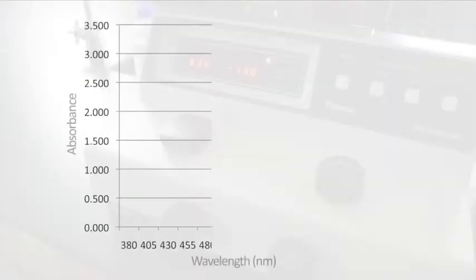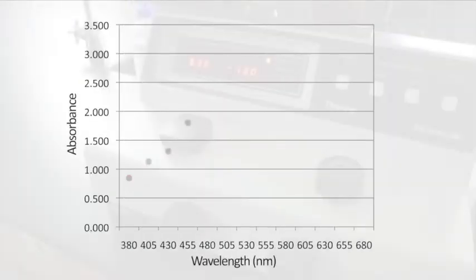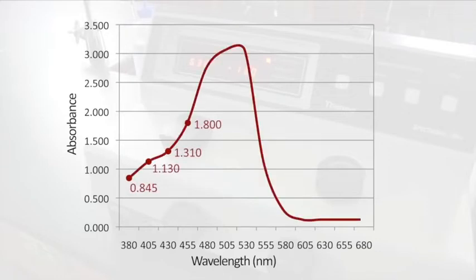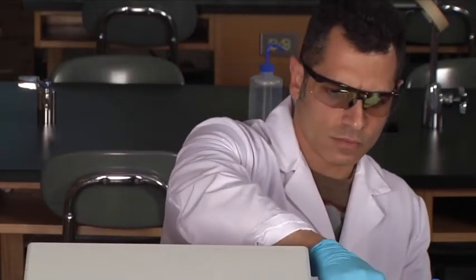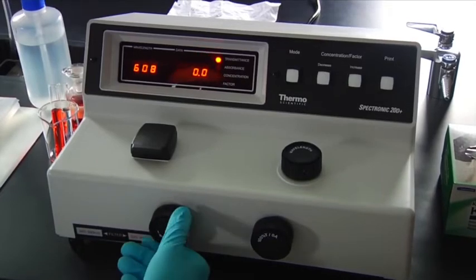By repeating these steps up to 680 nanometers, we can plot the absorbance spectrum for red food coloring. Now that we've finished our first practice exercise using the spectrophotometer, you're ready to enter the lab and try it for yourself.